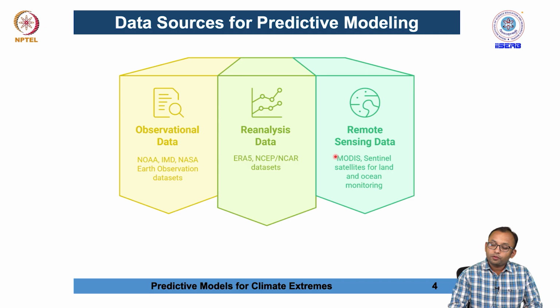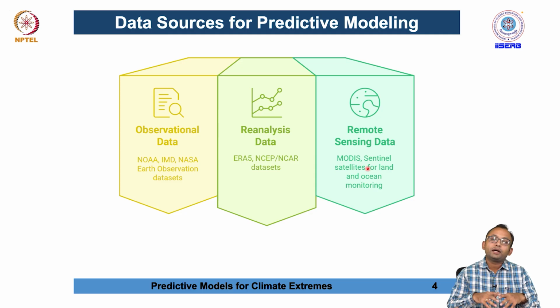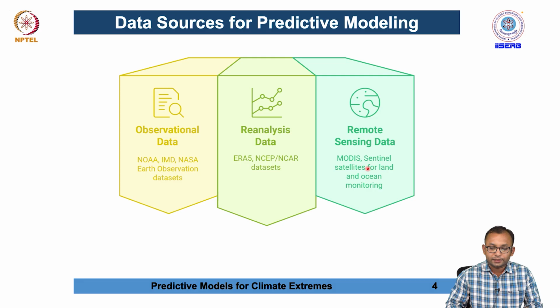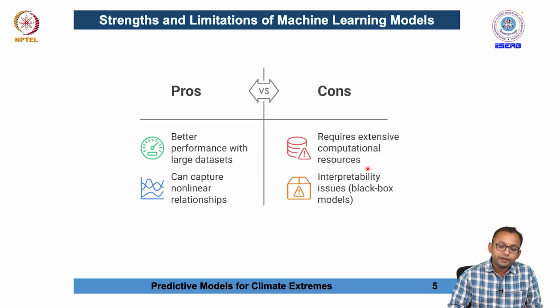For this we have different types of data sets like MODIS, Sentinel, Landsat, and we club these together to get information about those locations where observations are relatively difficult, or let us say we are interested in mapping a larger area of a particular region, so that we can have spatially distributed data in a certain location. That basically we can do using remote sensing data sets.